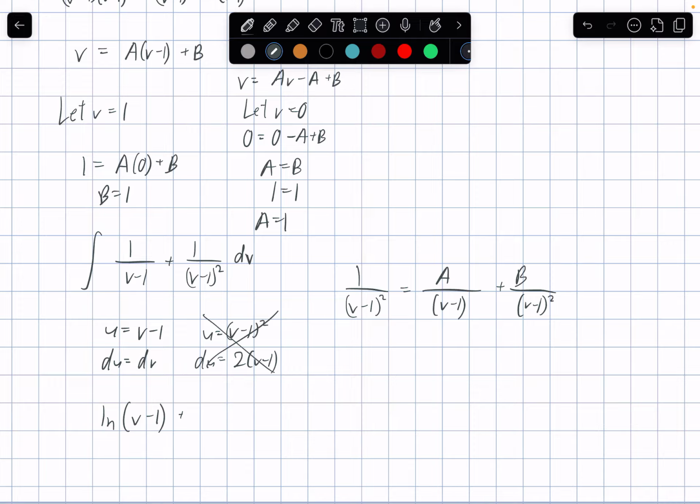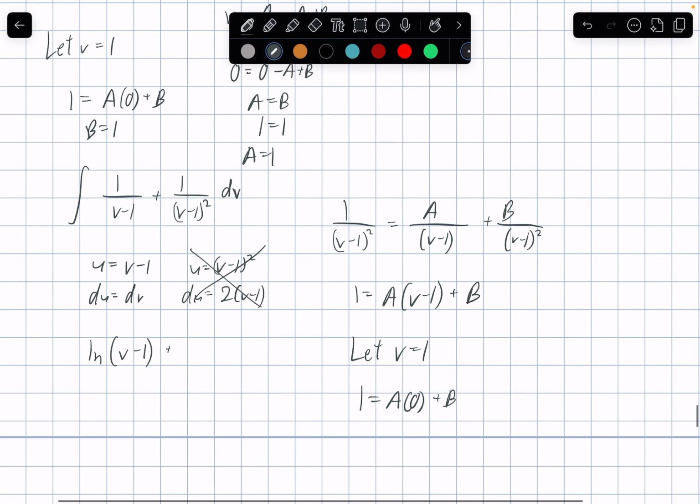So 1 equal to A times v minus 1 plus B. Let v equal to 1. So b is equal to 1 also, no?